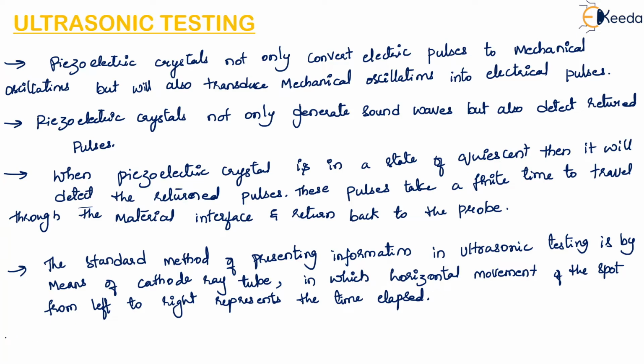The information collected by the ultrasonic testing is shown by means of this cathode ray tube, which has a spot. This spot is moving so fast that it gives the appearance of a horizontal line on the screen.